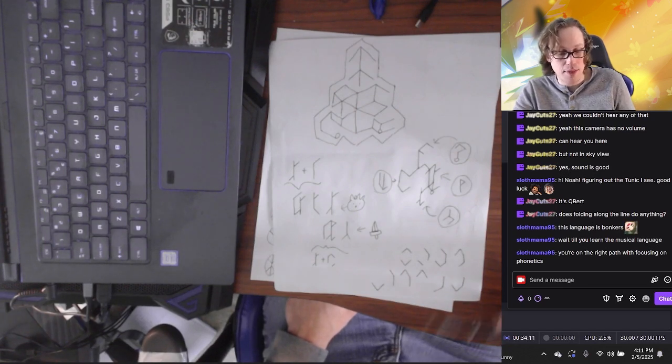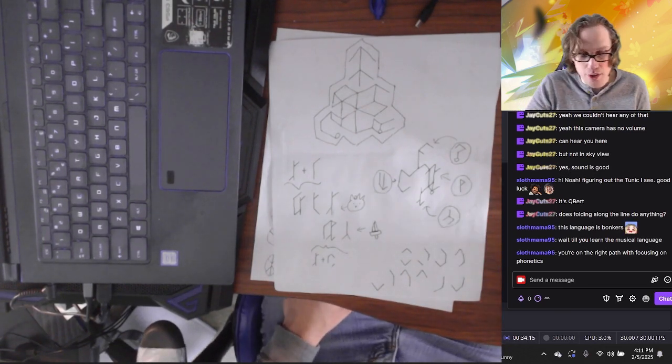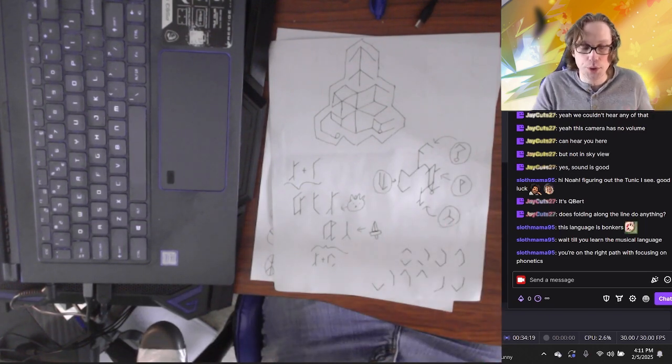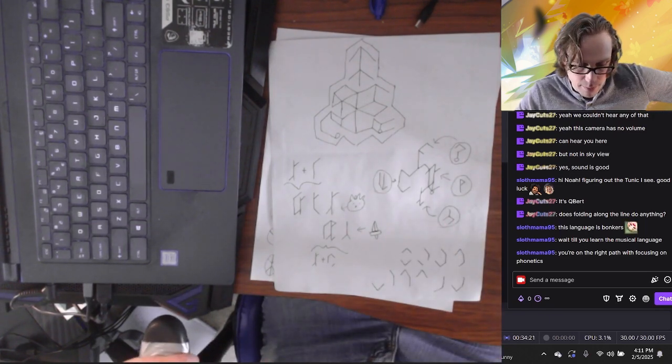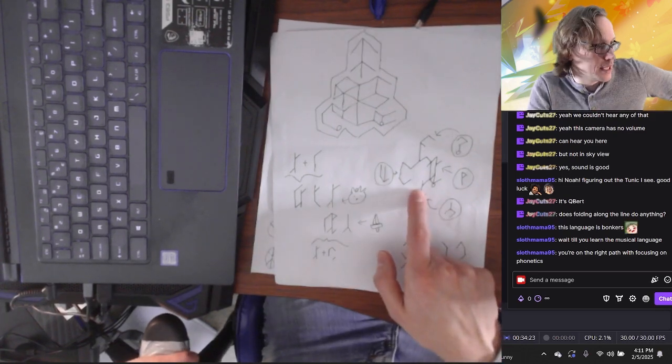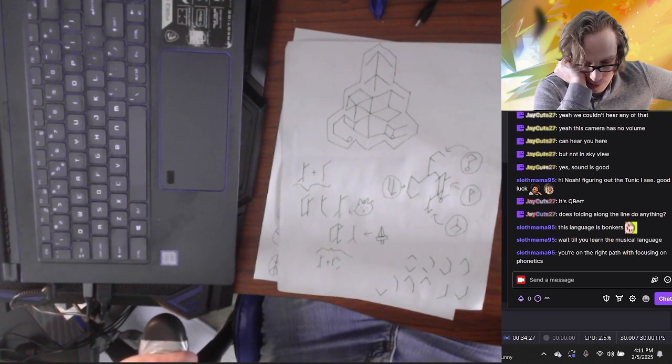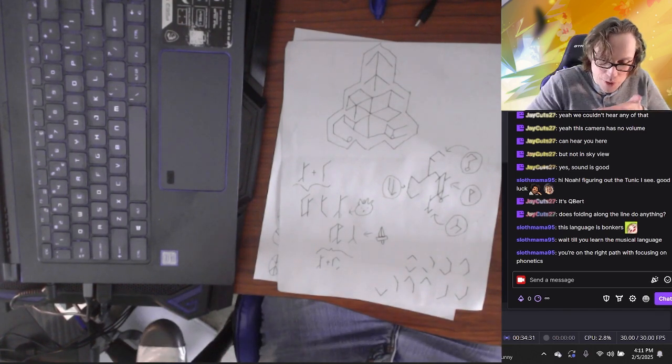I don't understand this at all. It's almost like someone unfolded a box. Which is exactly what this is. This is someone unfolding a box. Perhaps these are all supposed to fold in?